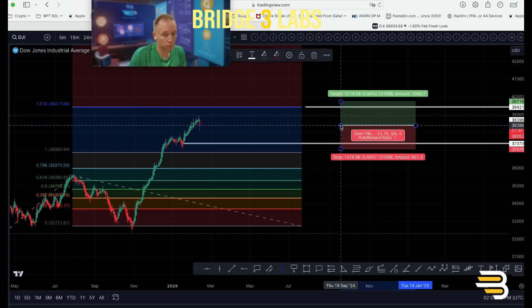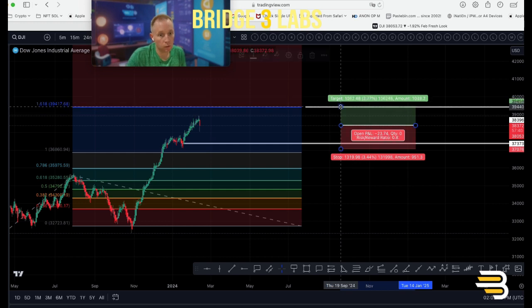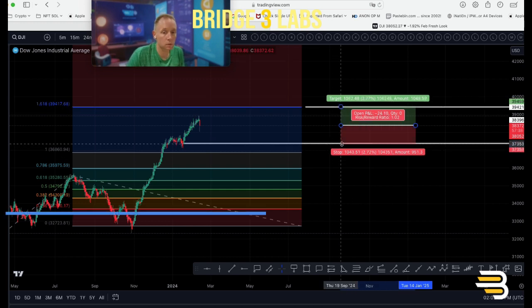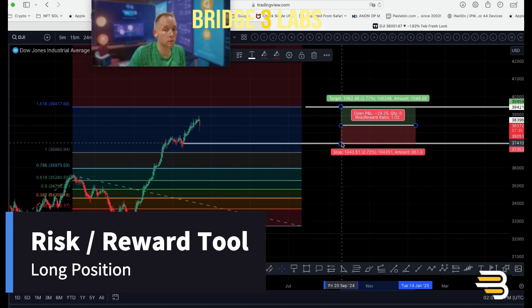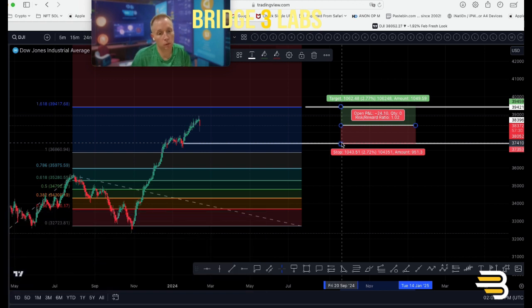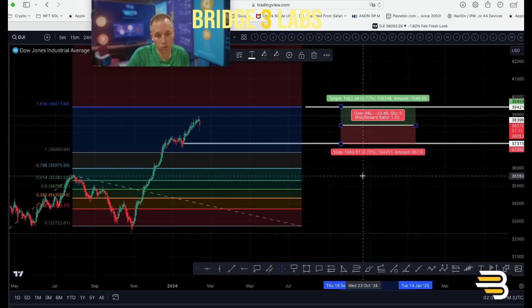If this was our long setup here, we'd drag this to match our levels, and then this is where we get an idea of our risk reward setup. As you can see right here, this is basically a 1 to 1, or actually 1 to 1.02, but 50-50 more or less.